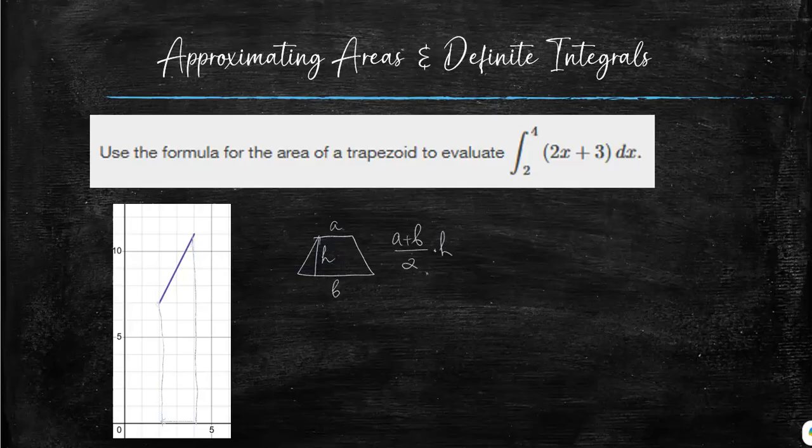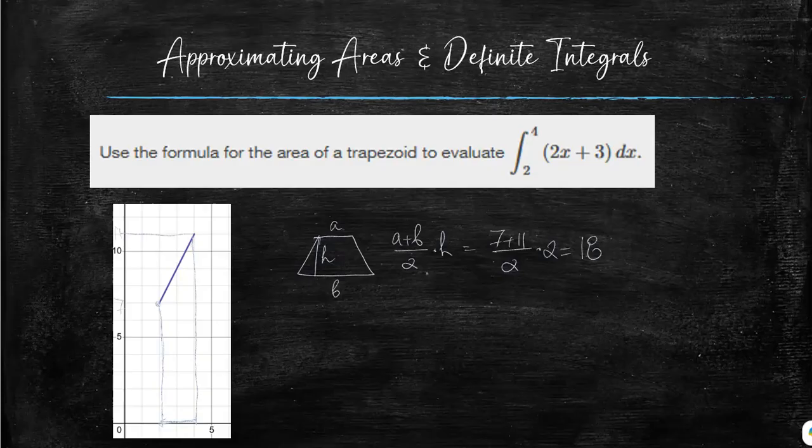So in our case, if you put it sideways, this is going to be 7, this is going to be 11, so we have 7 plus 11 over 2 times the height, and the height of the sideways trapezoid is 2. So the answer is 18. And I'm also going to type this exact expression in Desmos.